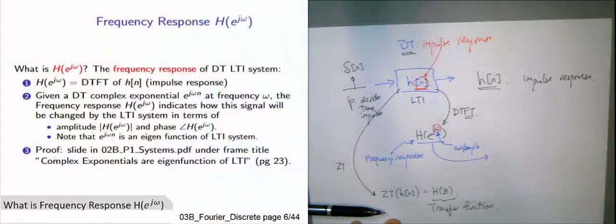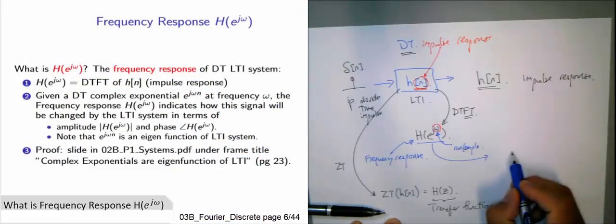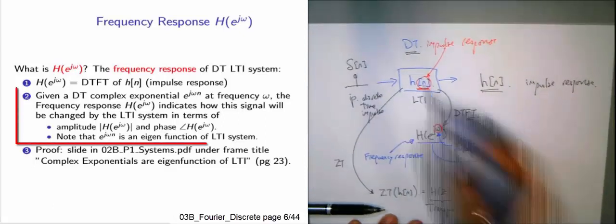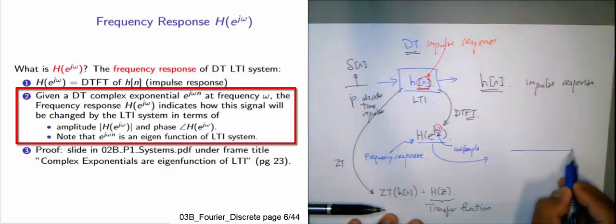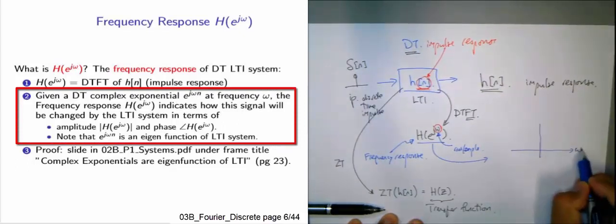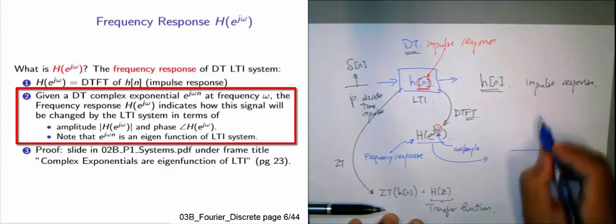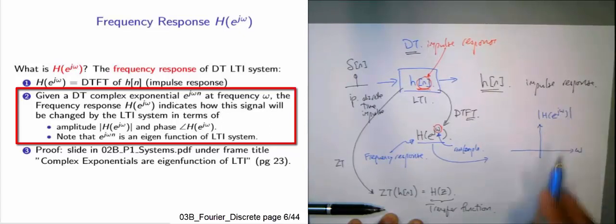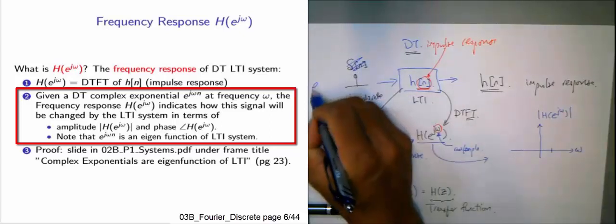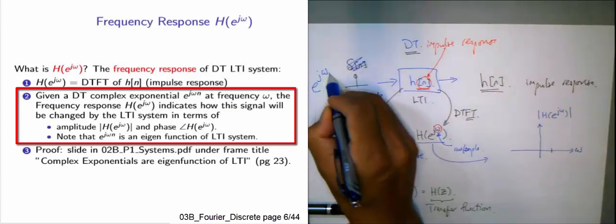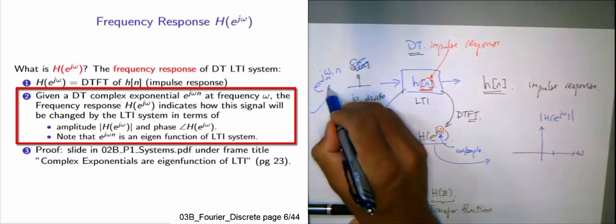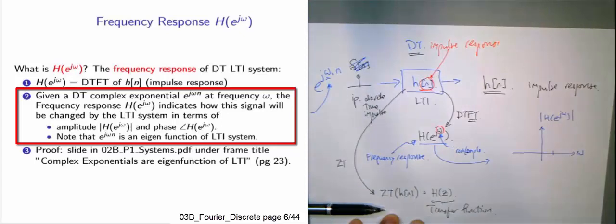What does the frequency response mean? It will tell me how this LTI system behaves along different frequencies. Here is frequency. It will tell me the gain. For example, if I send a signal e to the j omega 1 n, this is a signal at frequency omega 1.